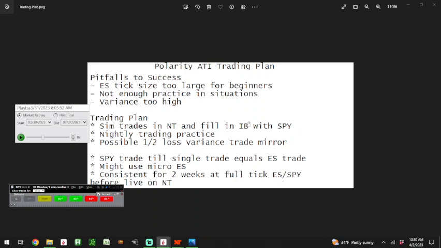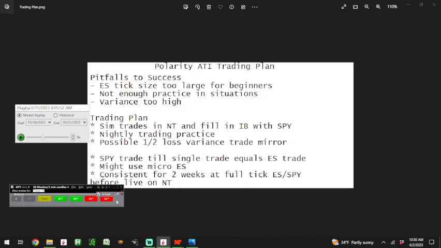Once something triggers in NinjaTrader, I'll have this highlighted and I'll just click on the buttons, or I have hotkeys where I can just put on two things, and I have a very similar stop loss or profit taking as in NinjaTrader.